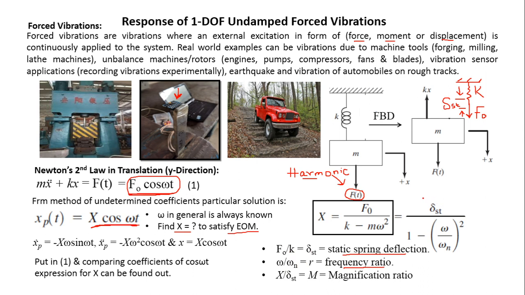And we can define another dimensionless ratio. If we bring this delta st here as the denominator of X, then this is known as M, the magnification ratio. You can consider the magnification ratio as the dimensionless amplitude of forced vibration.